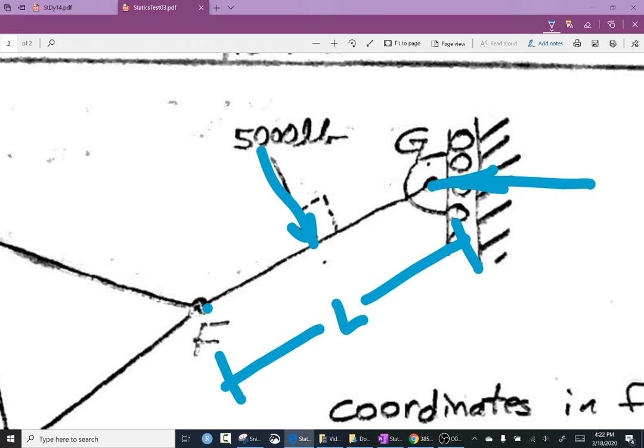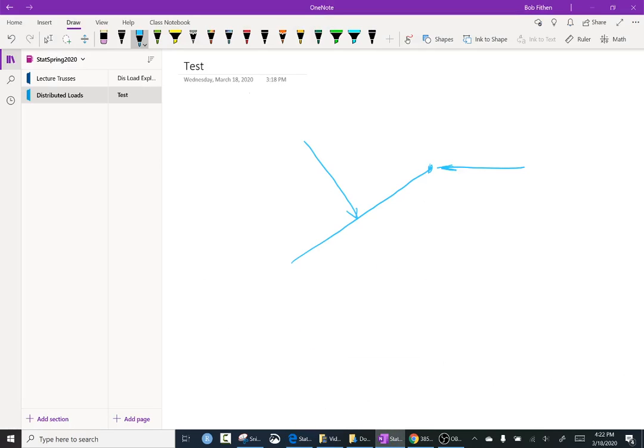So this 5,000 pound pushes this down on this FG, and it actually is a beam. Here's the difference between a beam and a bar. You have two nodes, pins here. If you have purely axial loads like a tension load or a compressive load, then that's a bar. If in fact though you do something like this to it, then you have to have a reactionary load back here.